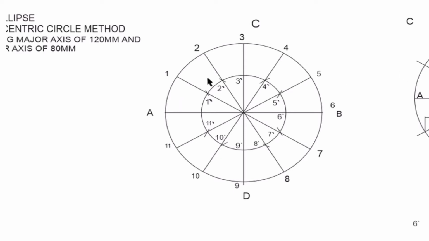On point 1, first of all, we have to draw a vertical line from where the radiating line intersects the circumference of the bigger circle. Correspondingly, we have to draw a horizontal line from point 1 dash.